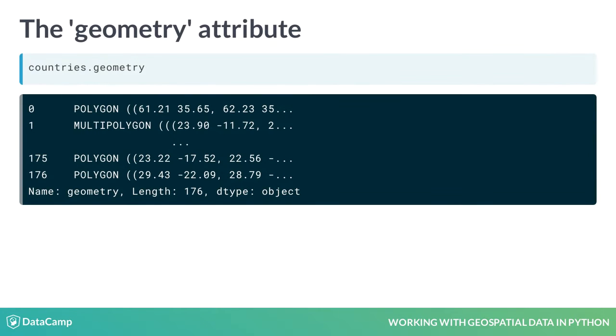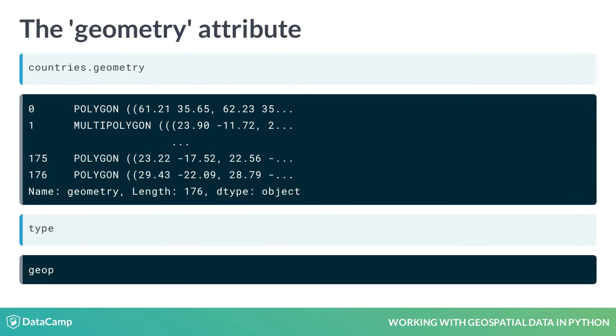One of the specific aspects of a GeoDataFrame is that it has a geometry attribute, which always gives us back the geometry column, regardless of its actual column name. For example, if we do this for the countries dataset, we see that we get a series with the polygons. What is returned here is a GeoSeries.